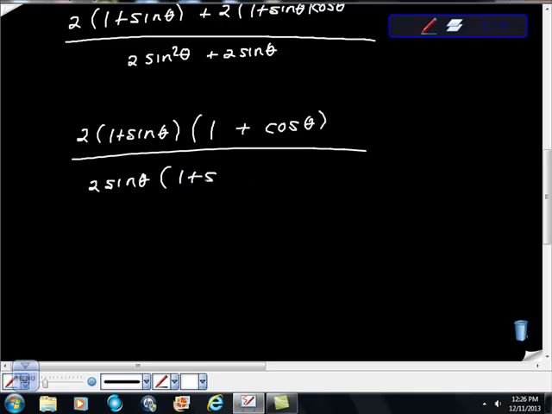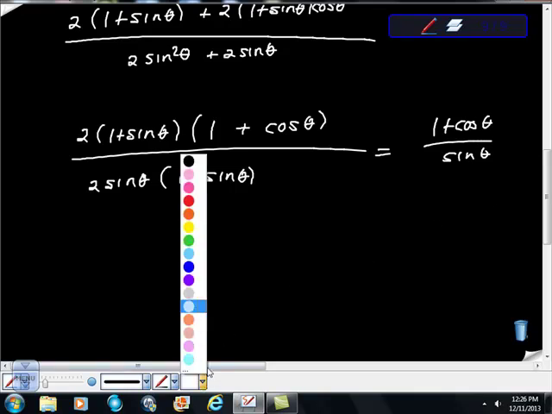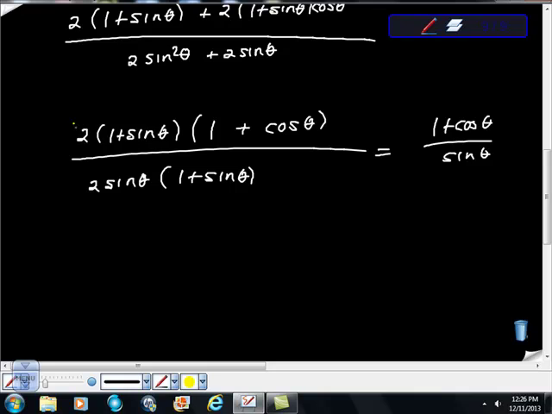It has to equal the right hand side, and if you remember, that was 1 plus cosine theta over sine theta. And then look, it starts to get better. It starts out really bad, then it gets better if the 2's cancel, don't they? 1 plus sine theta's cancel, and we end up with this. So check mark, done.